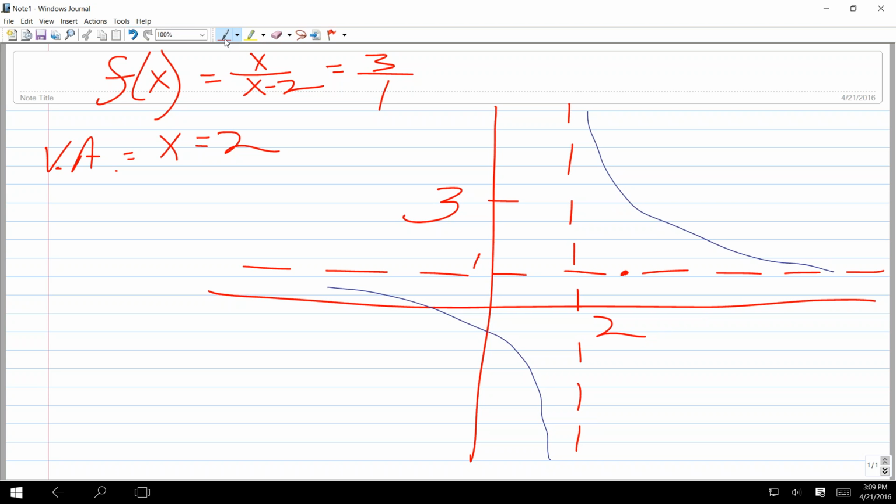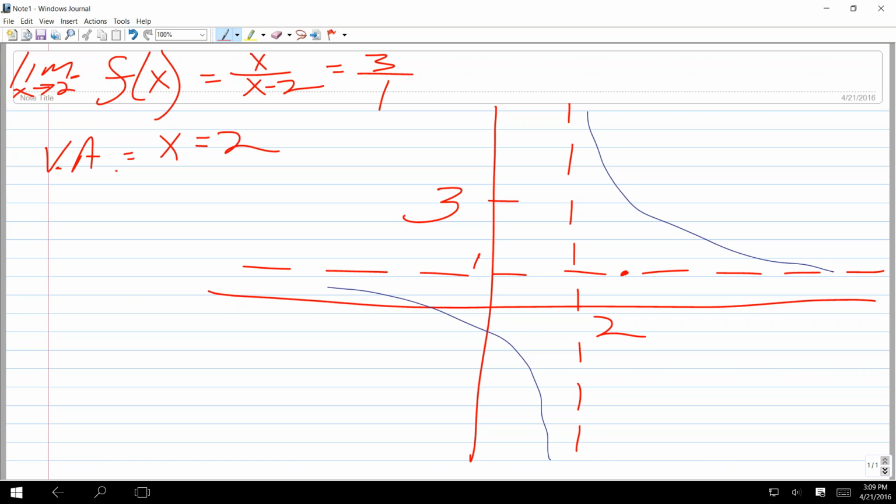Okay. Now, let's examine the behavior of this thing as we approach the vertical asymptote from the left and the right. Okay. What happens to the function as I approach 2 from the left? In other words, what is the limit of that as x approaches 2 from the left?